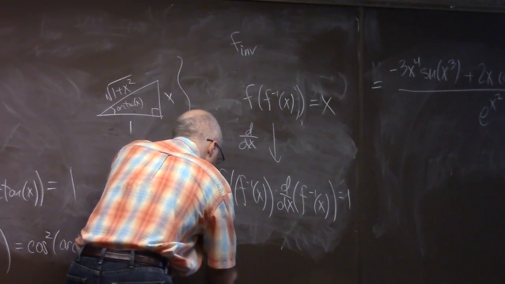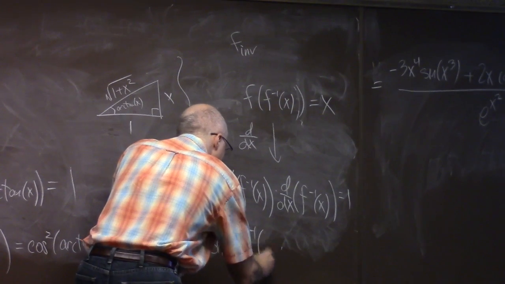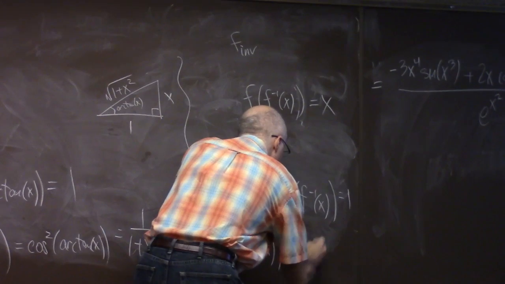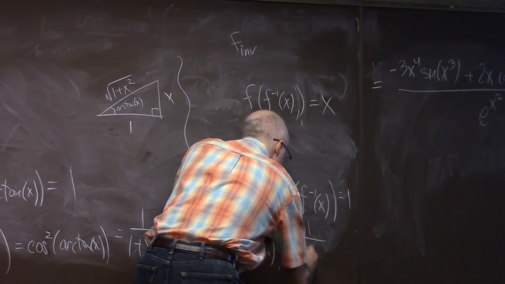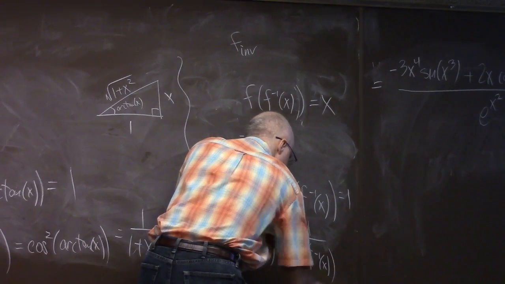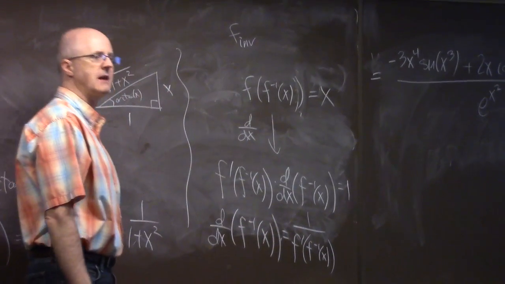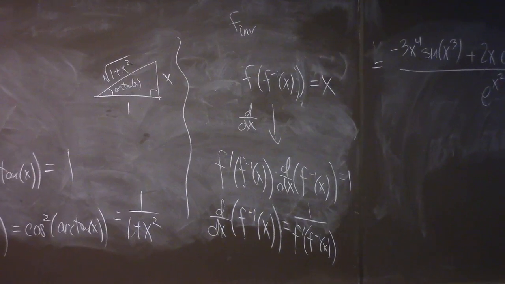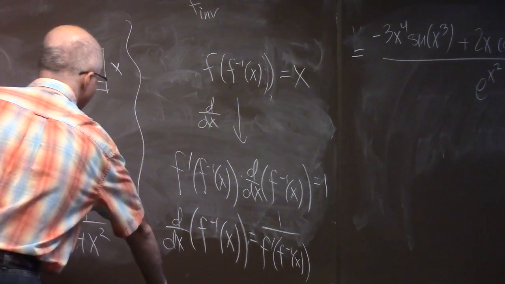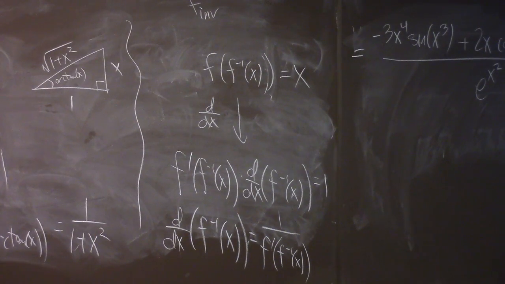The derivative of the inverse function at an arbitrary number x in its domain equals 1 over the derivative of the original function at f inverse of that arbitrary number, assuming we're not dividing by 0. Now this is pretty confusing for people. You've got to be really careful when you use this.